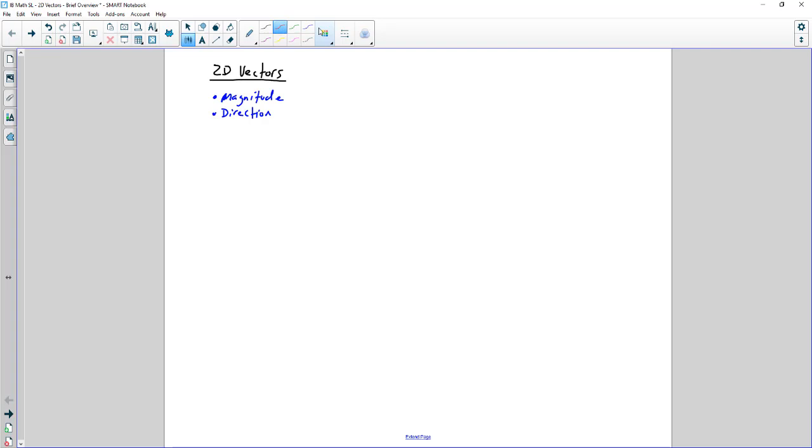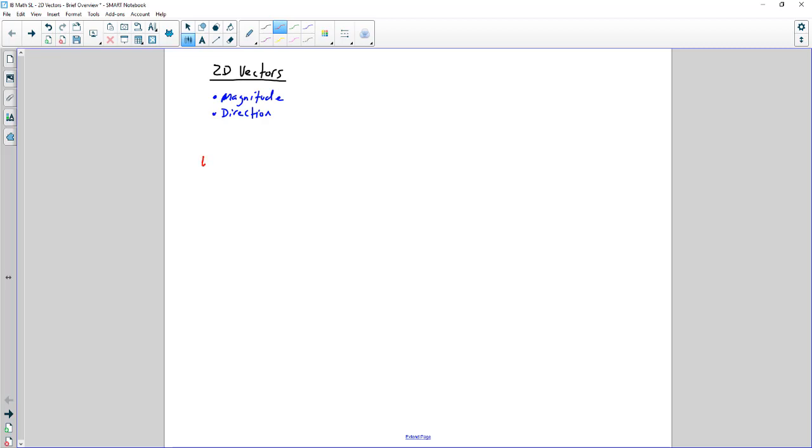Okay, so if I have a vector, we write vectors in a couple of different ways, but let's talk about that for a sec. If I have a vector in IB, let's say we have vector u. Let's put it underneath here.